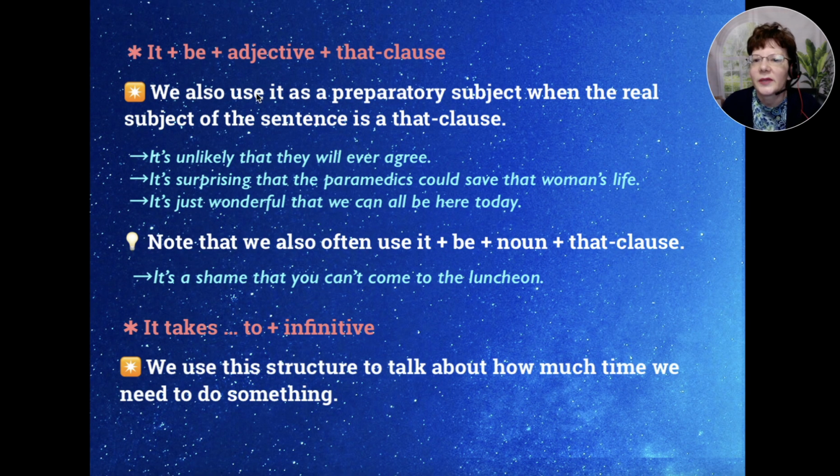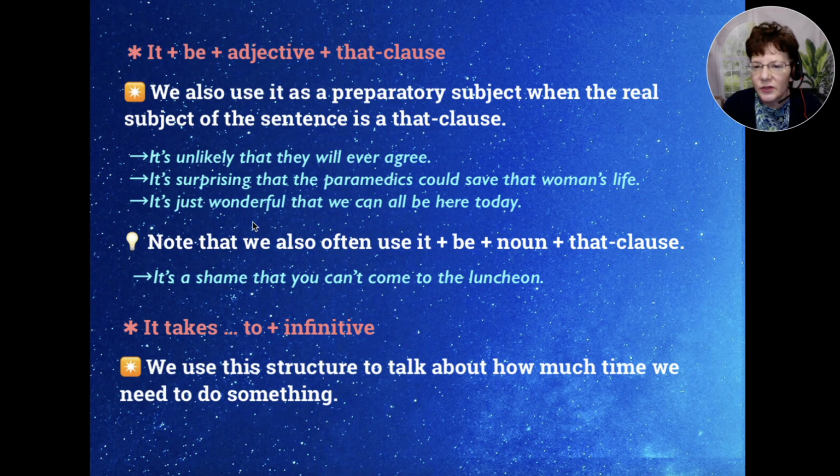Okay, and then it plus be plus adjective plus that and a clause. So we also use it as a preparatory subject when the real subject of the sentence is a that clause. So, for example, it's unlikely that they will ever agree. Or it's surprising that the paramedics could save that woman's life.